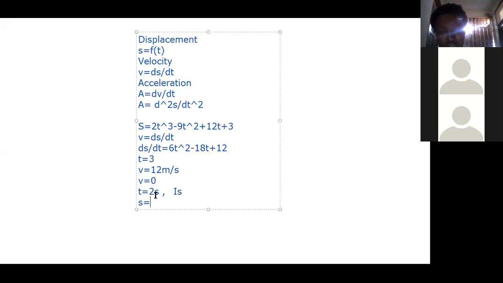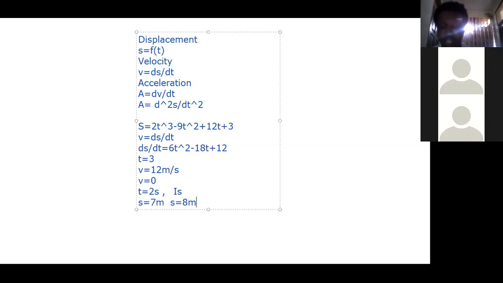So when t is 2, what are you getting? Use your calculator. Time is going. 7 meters. And when t is 1, what are you getting? That'll be 8 meters. Yes.